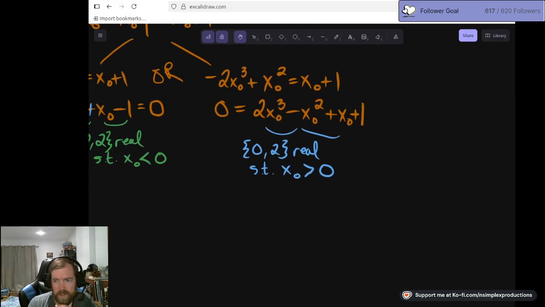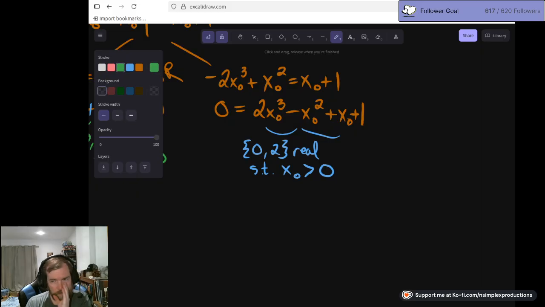On the other side, we change the signs of all the odd terms. This is going to get us exactly one sign change, so 1 real such that x0 is less than 0.